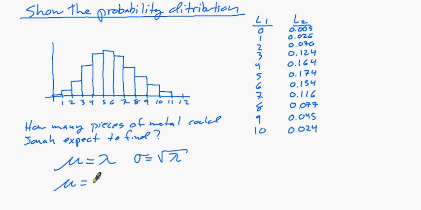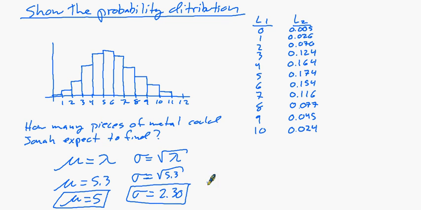So in this case, this would be 5.3, or, because it's a discrete variable, really, he would expect to see or find 5 pieces of metal. And the measure of variation about that expected value, 2.3. So, 68% chance of getting up to 7, or maybe down to 3. It gives you a little sense of variation.